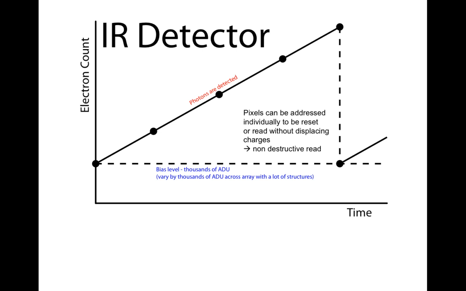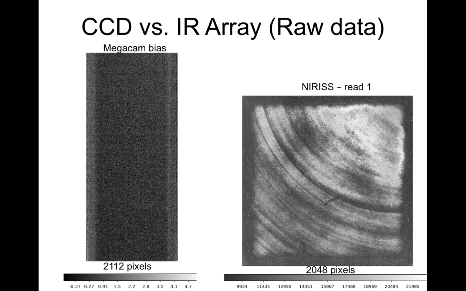Okay, so that's why you have multiple reads, because you're not moving charges around, you're just sampling the voltage value. And also another feature of infrared detectors is that a single read, a single image looks horrible. It looks really bad because it has a lot of structures with several thousand ADUs peak to peak. So it doesn't seem nice at first look. So here's what I mean by that.